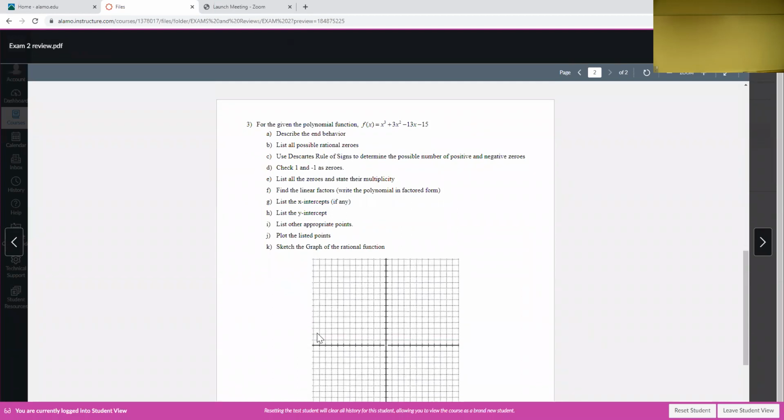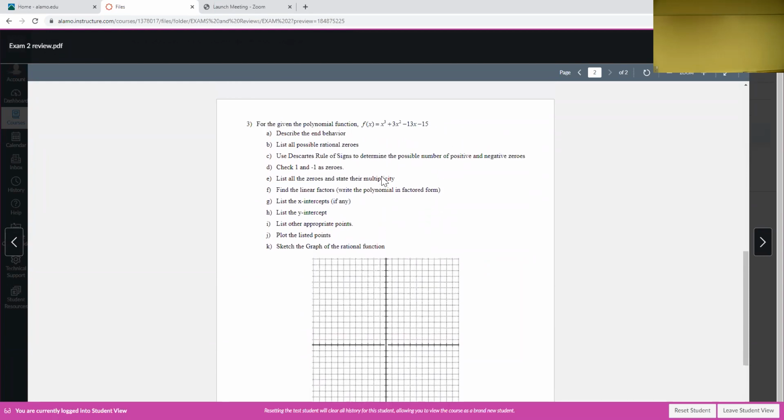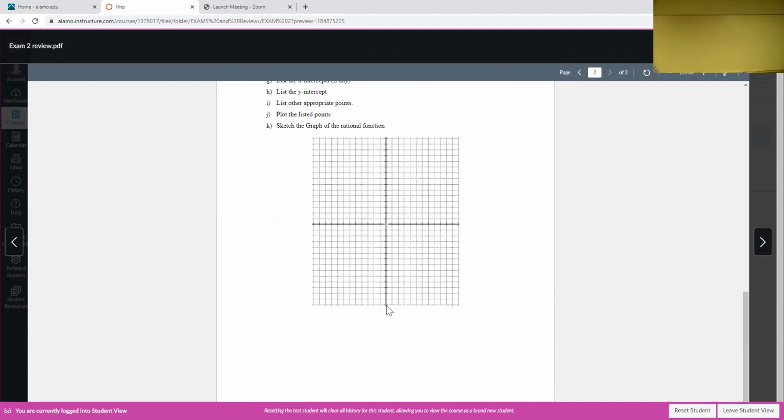And you graph appropriately. So I noticed here, this goes 1, 2, 6. Oh dear. With the y-intercept being -15, that's going to be right there.